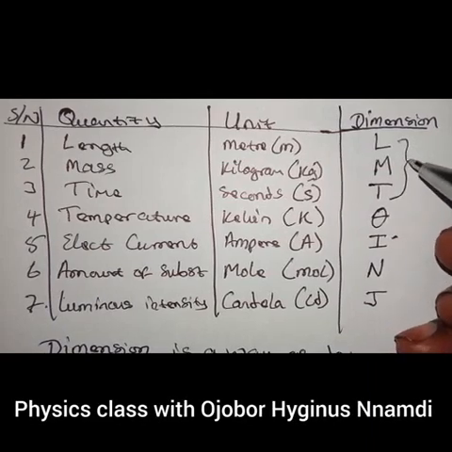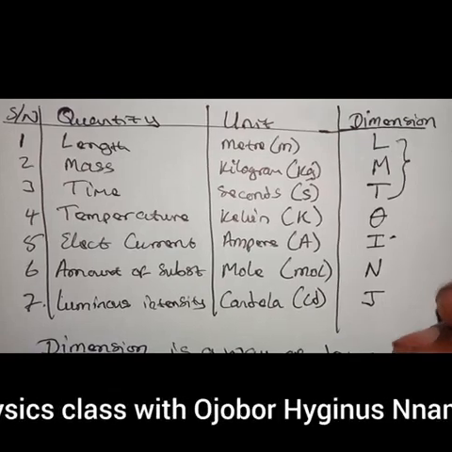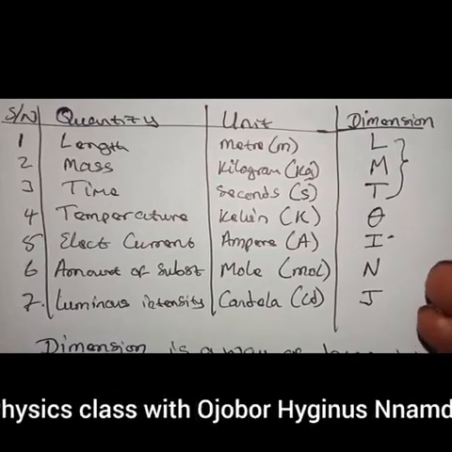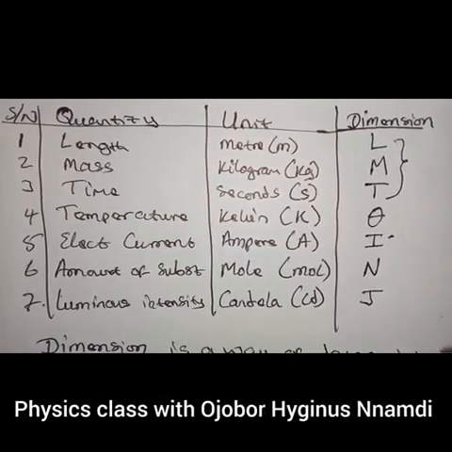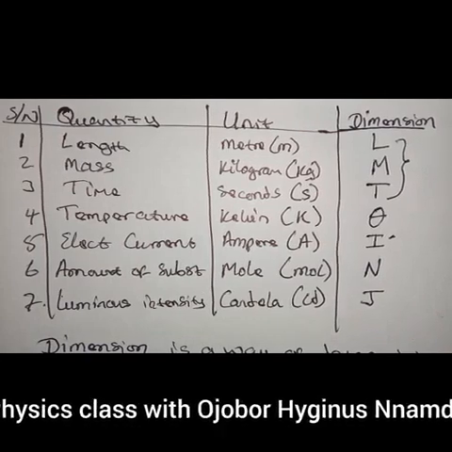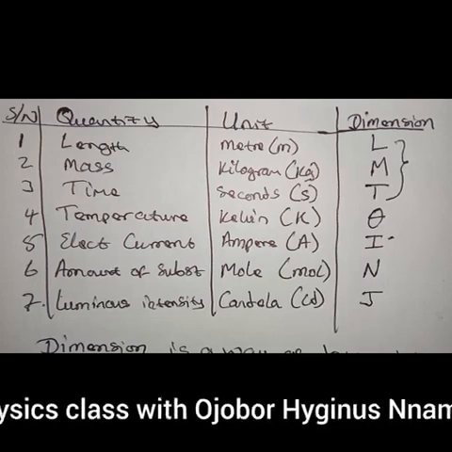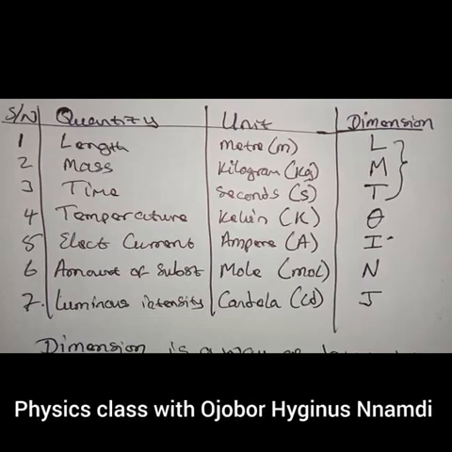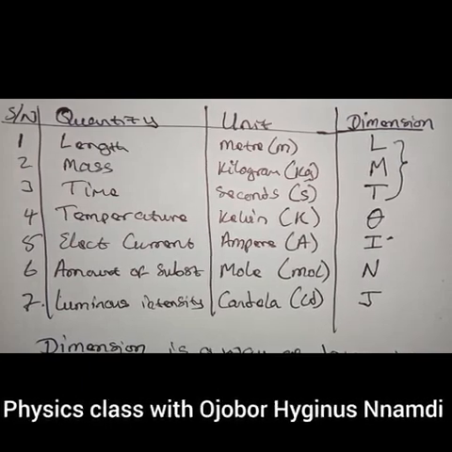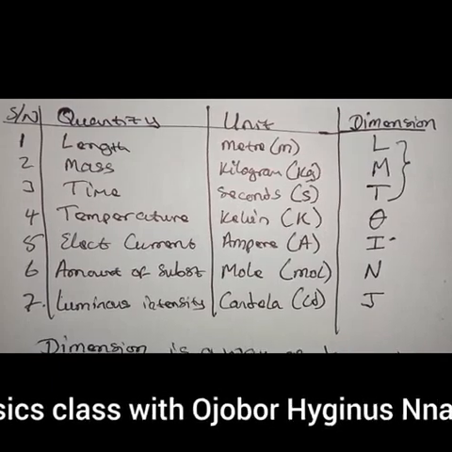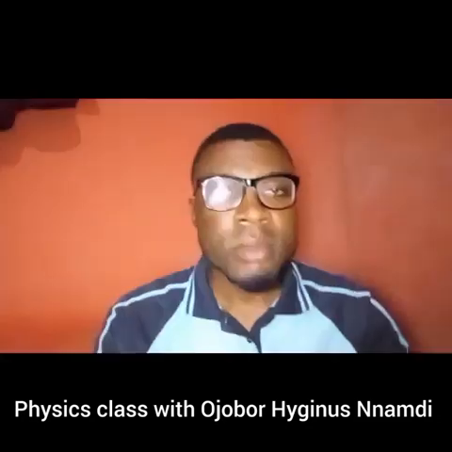So the dimensions we are going to look at will be limited to these ones. Let us look at some WAEC questions associated with dimension, so that it will help us see how we can get the dimensions of derived quantities.